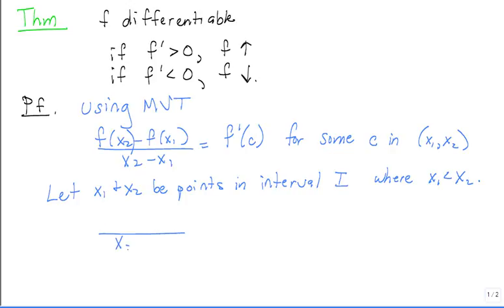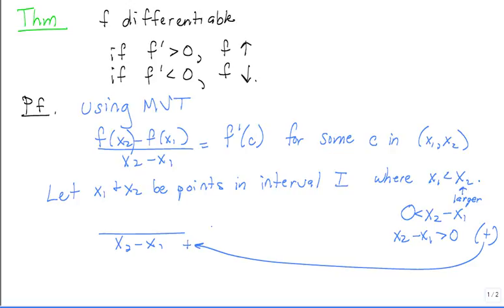If x2 is larger, and you subtract x1, then that means 0 is less than x2 minus x1, or x2 minus x1 is greater than 0, and that means it's positive. So that means this is positive. F prime of c is positive. We'll prove A.